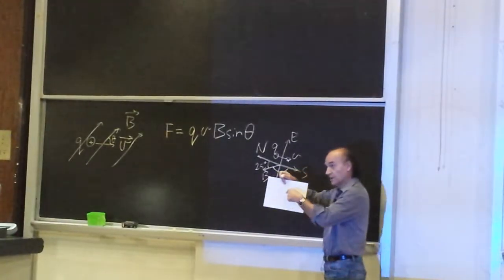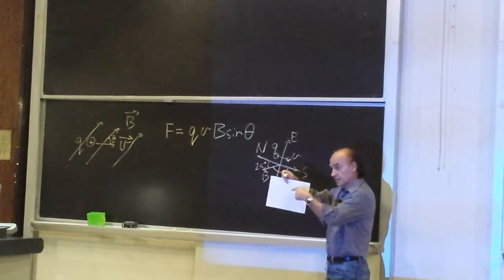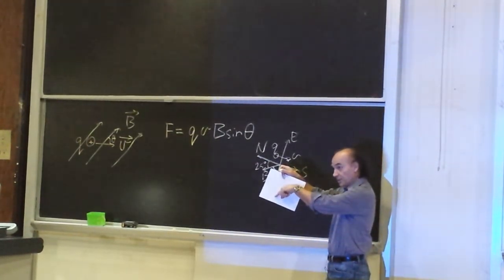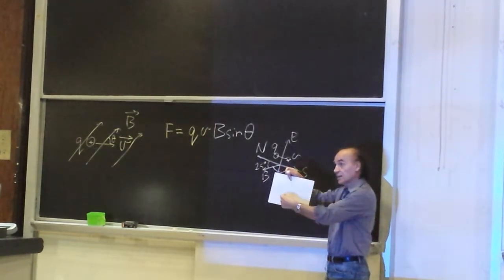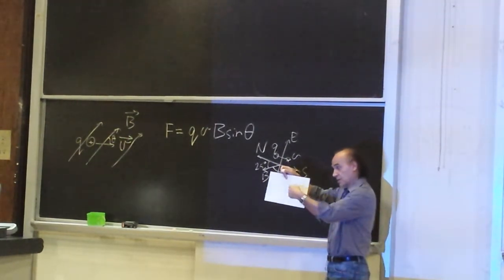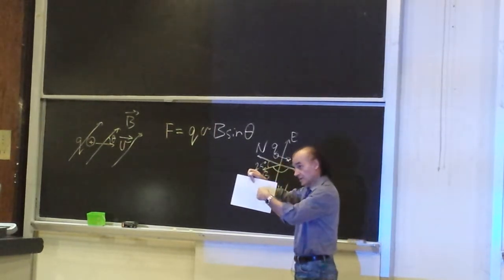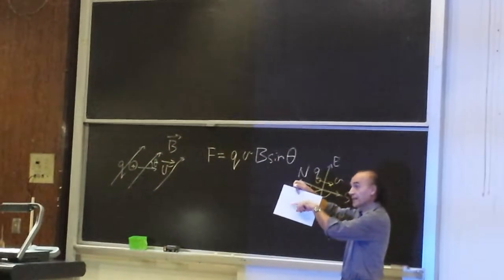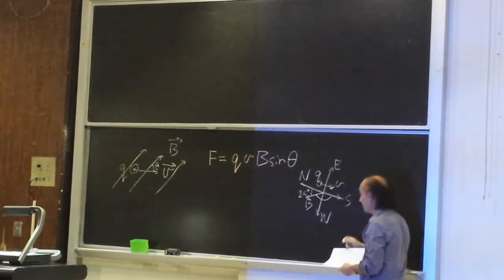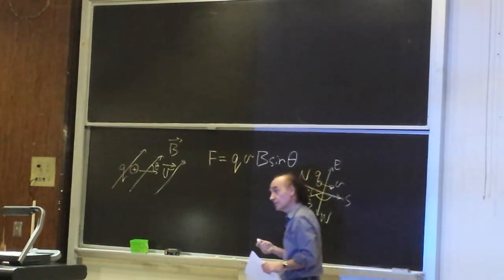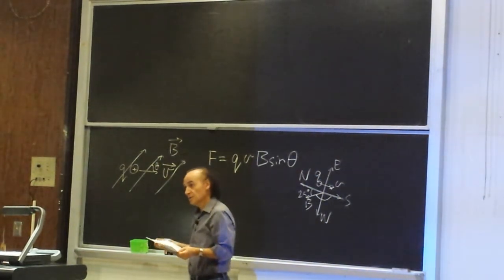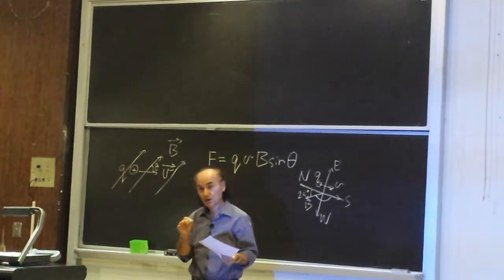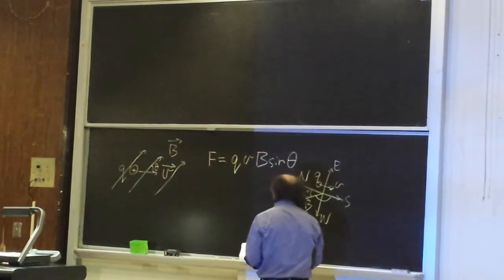So your velocity is to the east, and your magnetic field vector is in this plane, but below. So what is the angle? The angle is 90 degrees. But this is the velocity vector. Velocity is perpendicular to this plane and perpendicular to any line on this plane. So be careful. Sometimes you are dealing with a geometry problem. You should be able to deal with three-dimensional geometry and figure out this kind of thing.